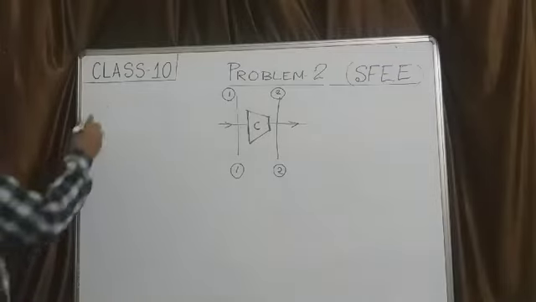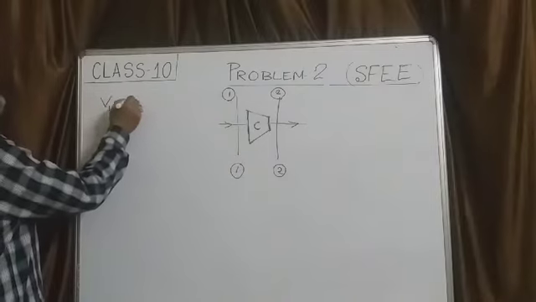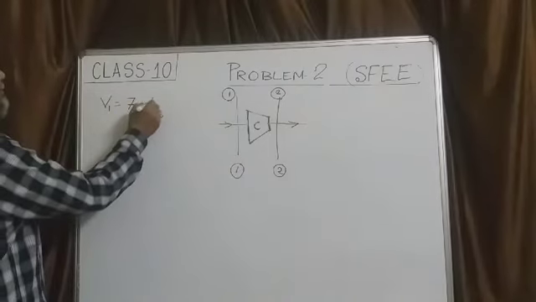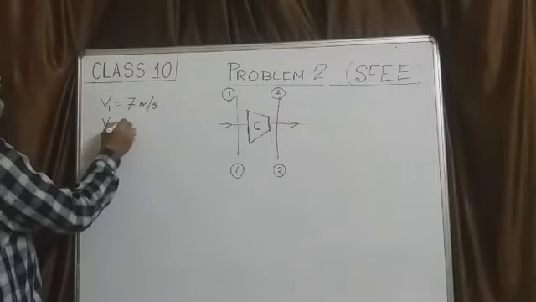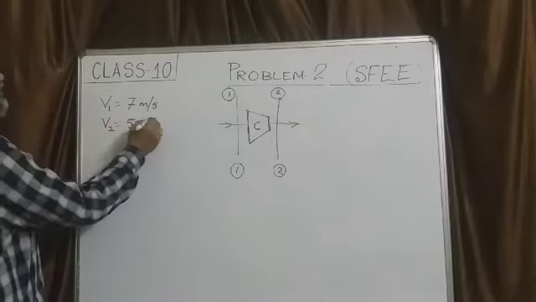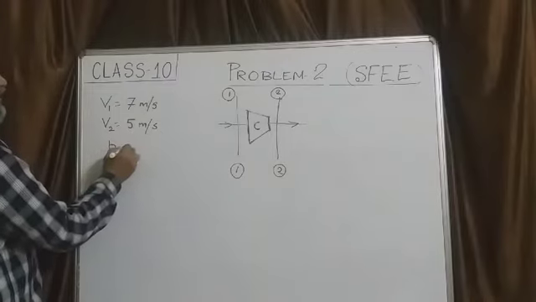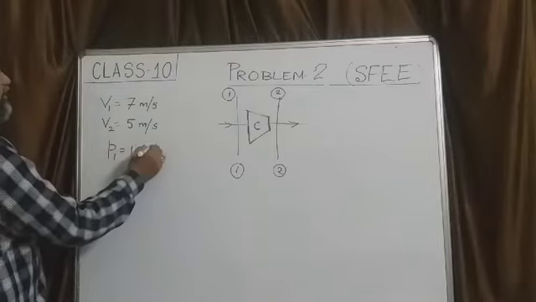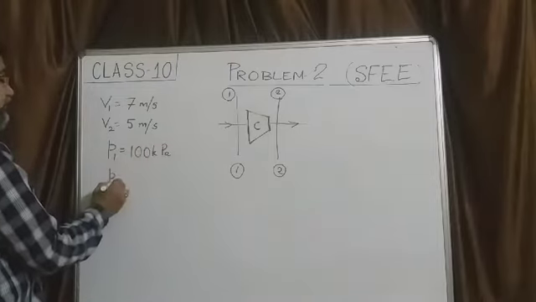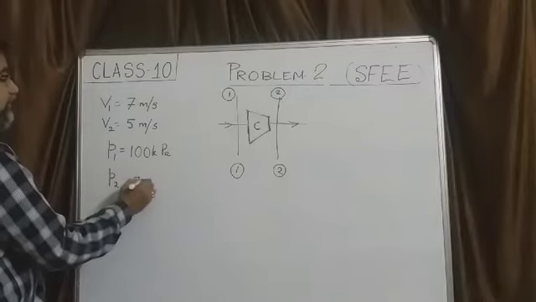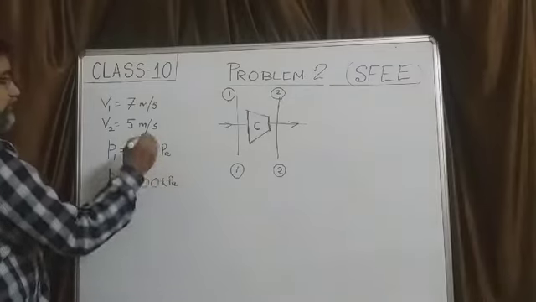So what is given? Velocity capital V1 is given as 7 meter per second. V2 is 5 meter per second. Similarly, the inlet pressure of air is 100 kilopascal and the exit pressure is 700 kilopascal.